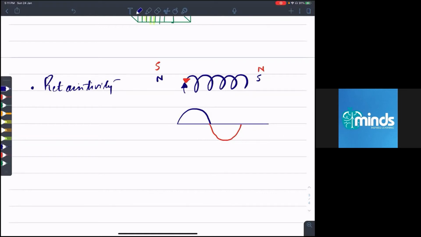Very low. Yes, Hania, Miram, Alan, what do you people think? What material should we use? The material with very high retentivity or low retentivity? I'm waiting for your response.